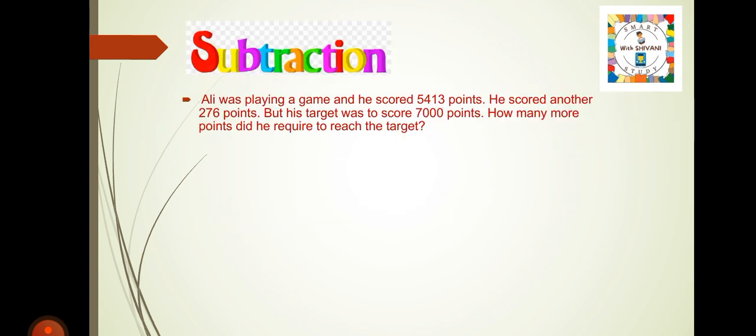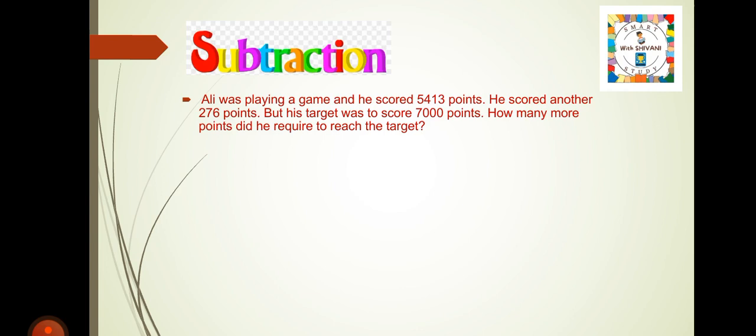Moving ahead to the subtraction word problems. Ali was playing a game and he scored 5413 points. He scored another 276 points. But his target of the score was 7000 points. How many more points did he require to reach the target? So the first catchword is another, and the second catchword is how many more.